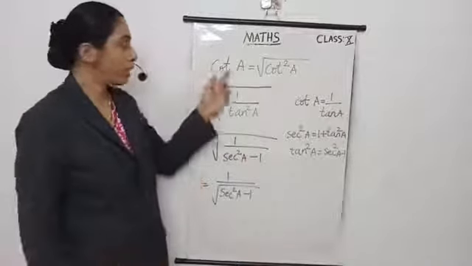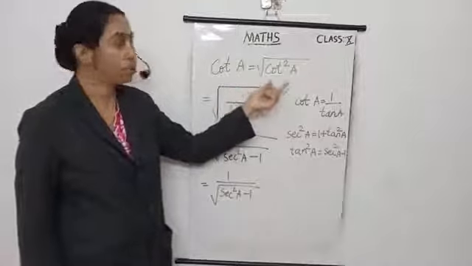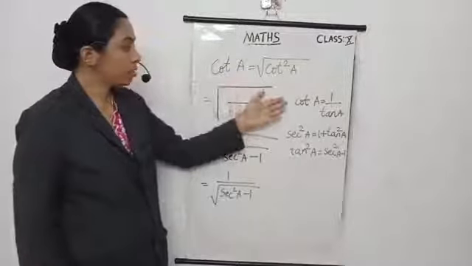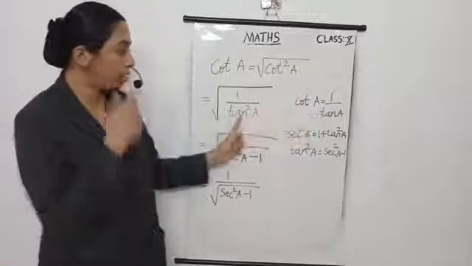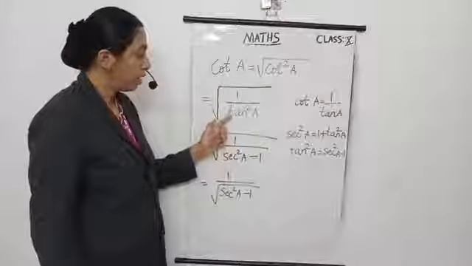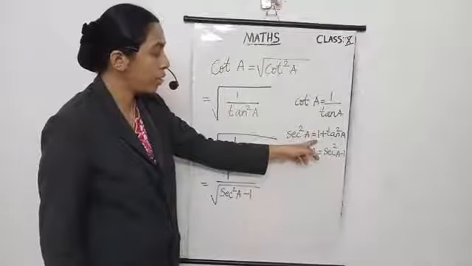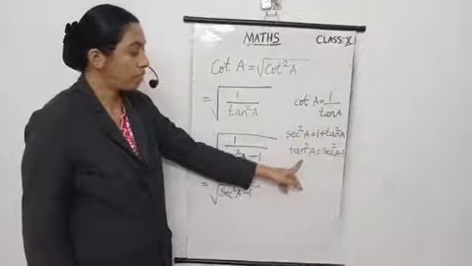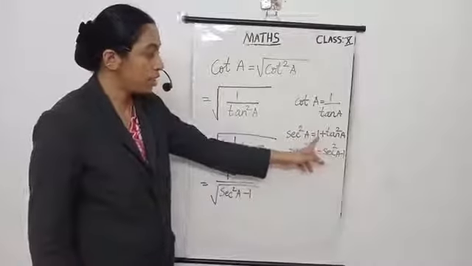Next cot A, same as previous. Cot A equals root of cot square A. Then cot A means 1 by tan A. So substitute that value first. So this is 1 by tan square A. Then the identity for tan square A: sec square A equals 1 plus tan square A. From that we can write tan square A equals sec square A minus 1.